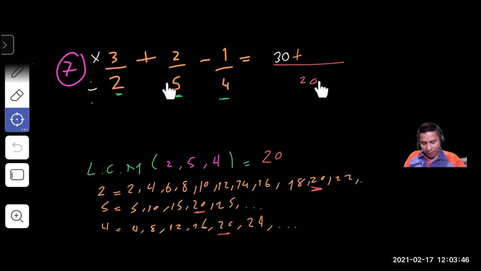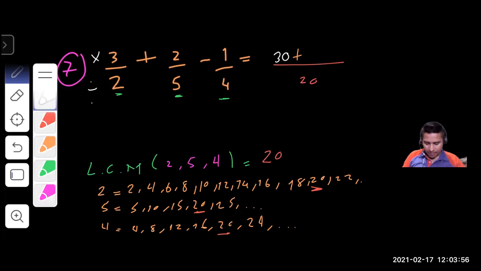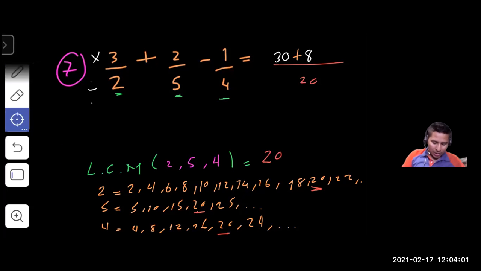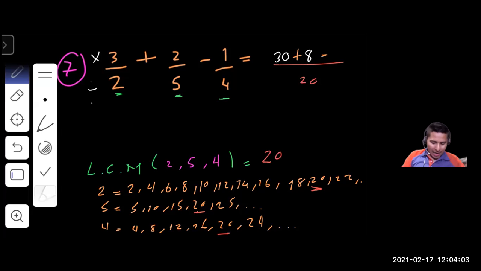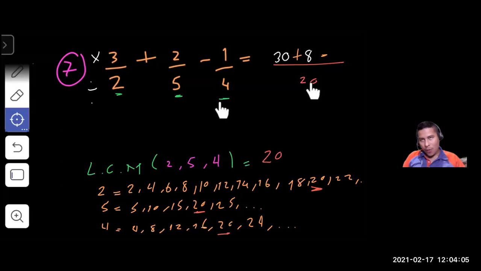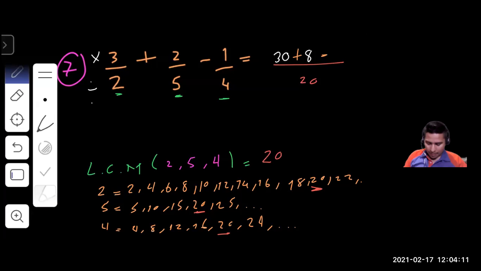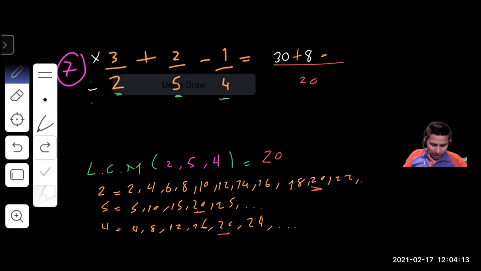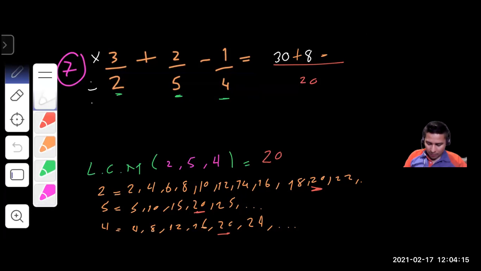20 divided by 5 now. That is 4, right? 4 times 2 is 8. Then I just copy the next sign, which is negative. And 20 divided by 4, guys. 5, right? 5 times 1 is 5.